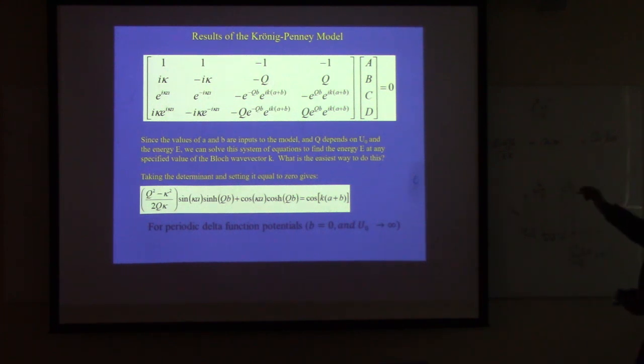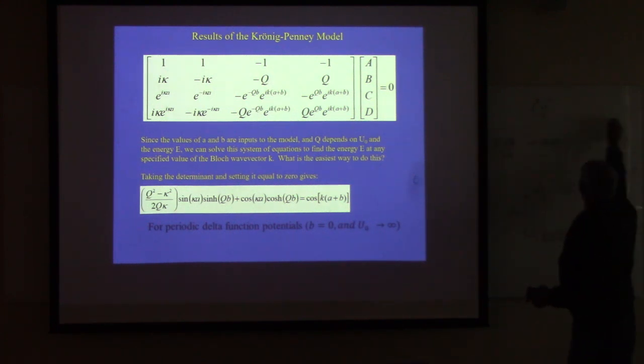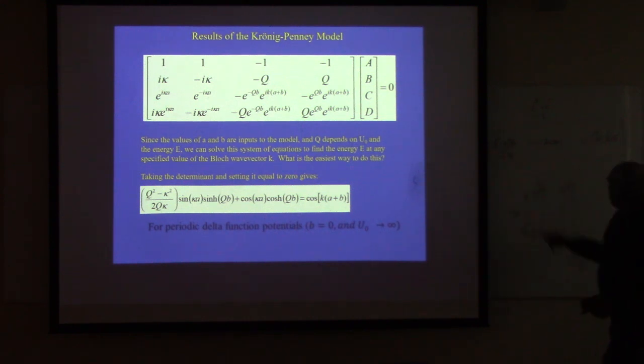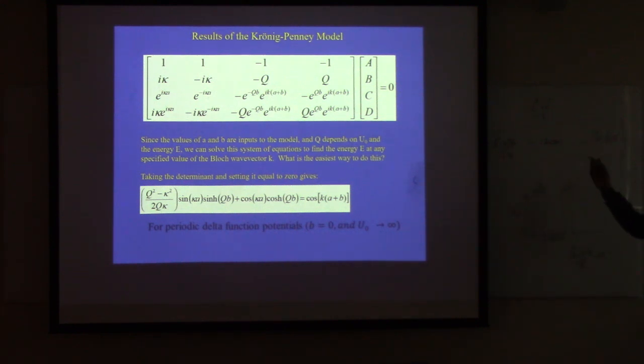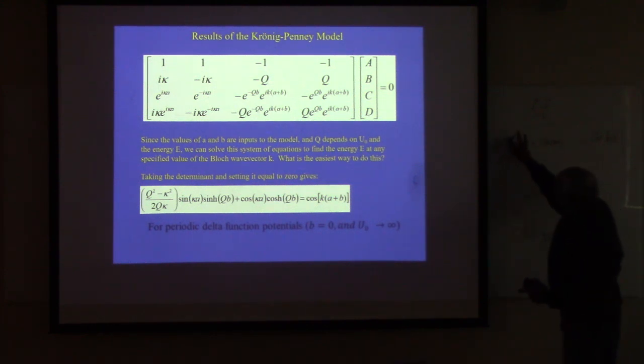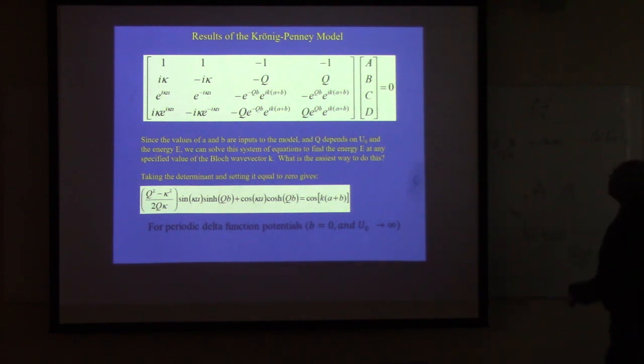That's the equation. Now we know q is bigger than kappa, because kappa comes simply from E, but q comes from U0 minus E. That means q squared is much bigger, so you can ignore the kappa squared term.